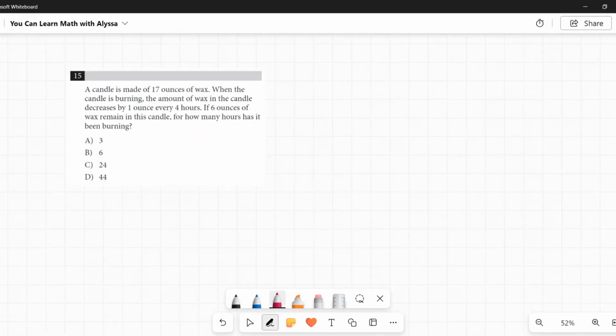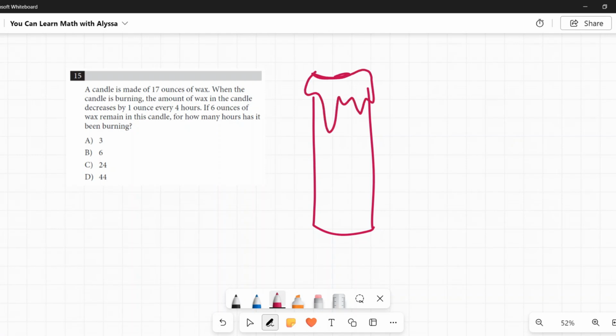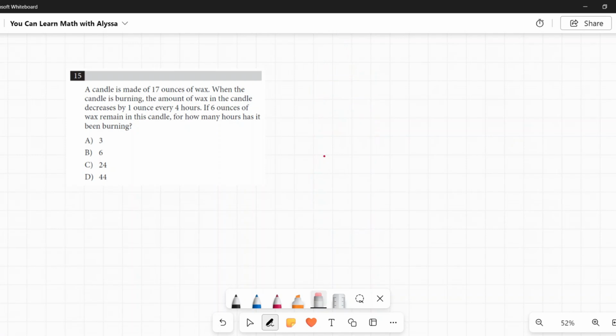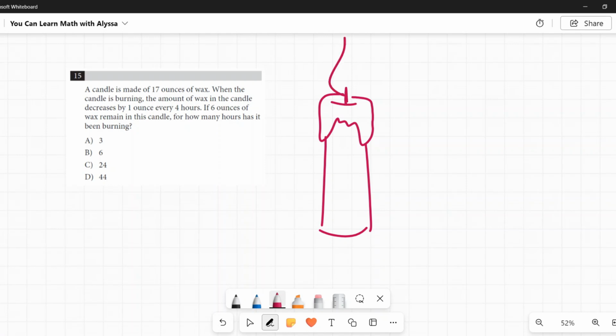Number 15, a candle is made of 17 ounces of wax. All right, so I got this candle and it's burning. Whee! Yay, candle. Okay. Like, that's not a good enough candle. Does it matter? No, it doesn't matter. But there's a part of me that's annoyed and wants it to be slightly better.